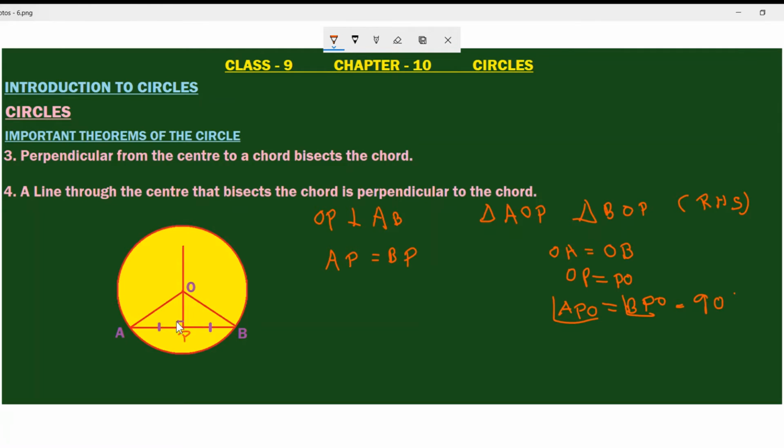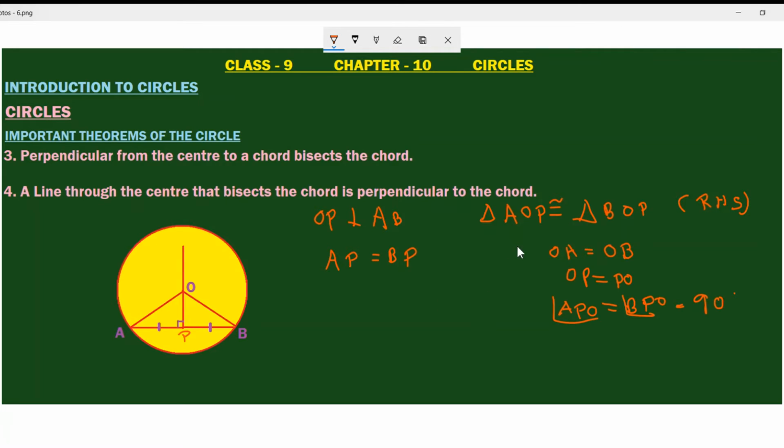Here this angle is 90 degrees, this angle is 90 degrees, and the hypotenuse of triangle OPA is OA and of OPB is OB. So these two hypotenuses are equal to each other and this side is common for both triangles. So according to the RHS rule, we can prove these two triangles are congruent to each other.